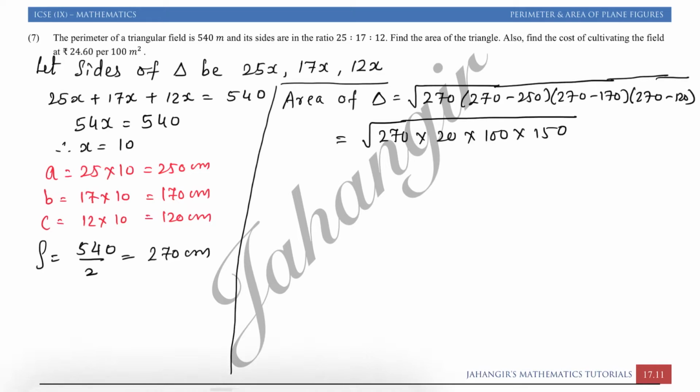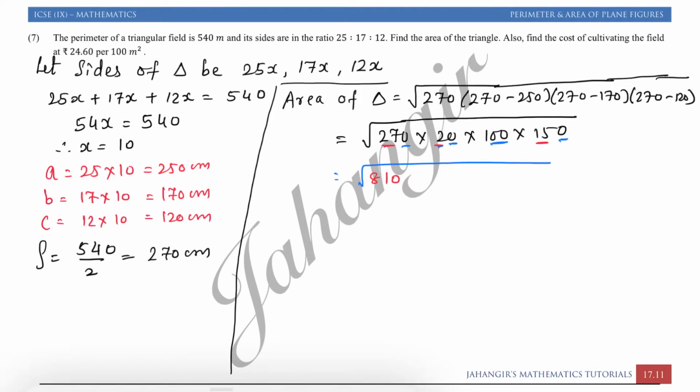Now let us break it down. See, here we have 1, 2, 3, 4, 5 zeros. So what we will do: 2 into 15 is 30, 30 into 27 is 810, and we have the zeros over here.